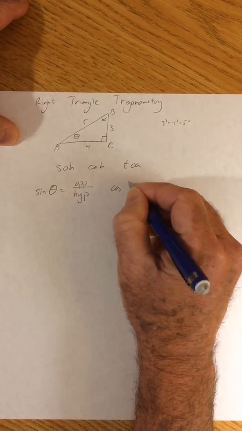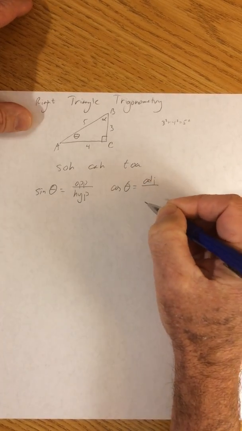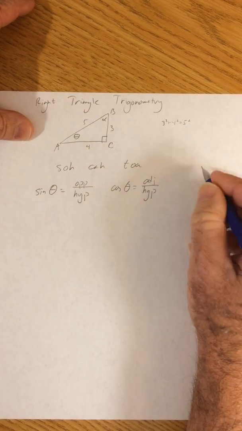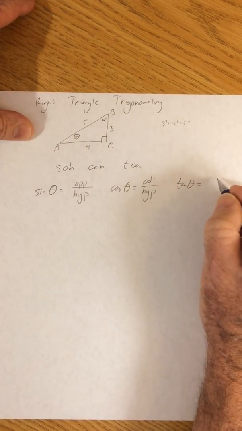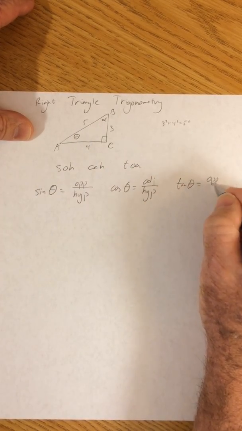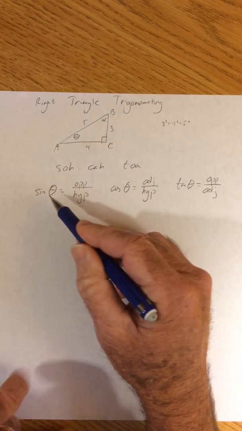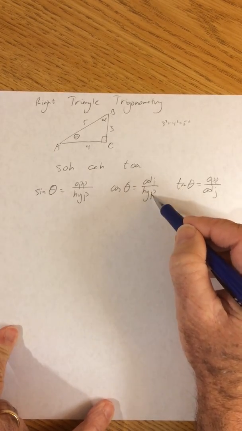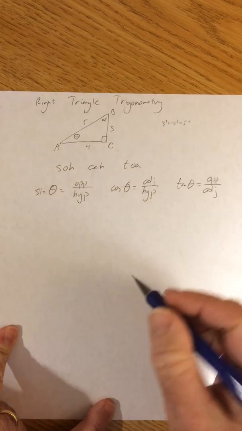The cosine of an angle is equal to the adjacent side next to that angle divided by the hypotenuse. And I'll explain what these mean here in a second. And the tangent of theta is equal to the opposite side in the right triangle divided by the adjacent side. Sine, opposite over hypotenuse; cosine, adjacent over hypotenuse; tangent, opposite over adjacent.